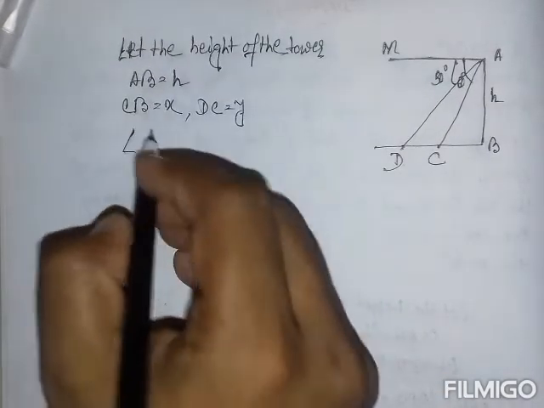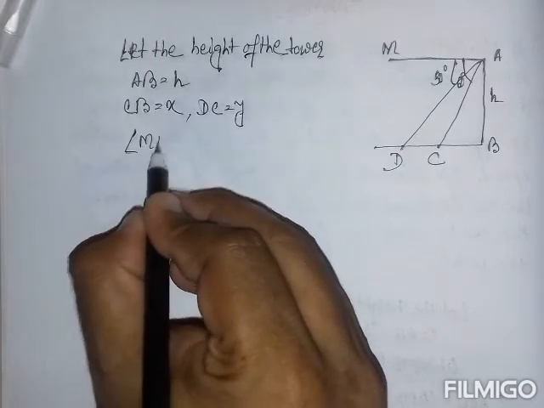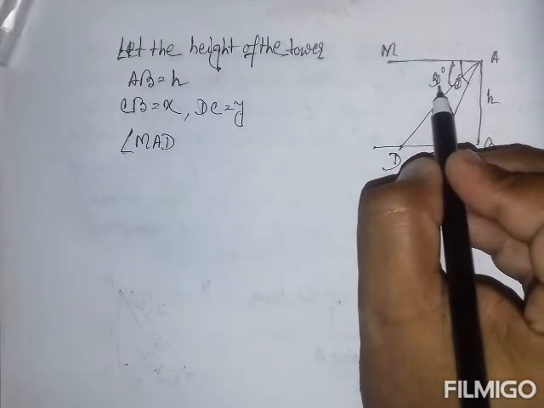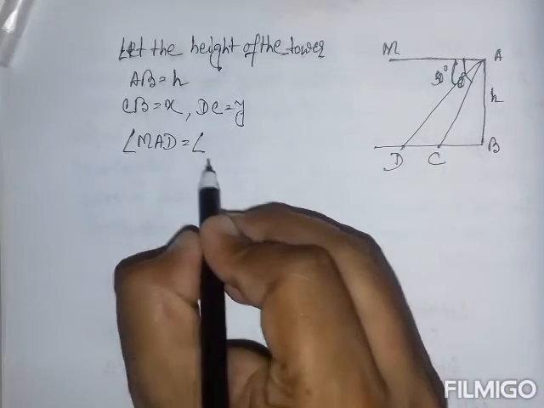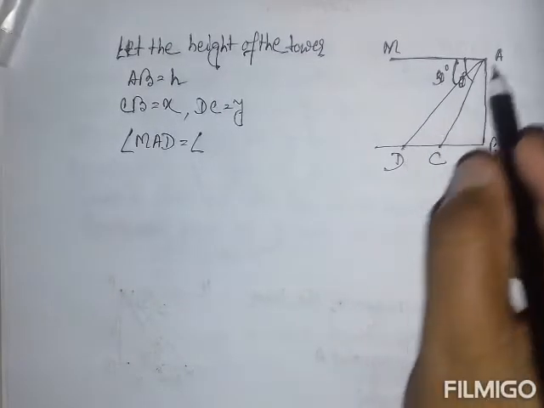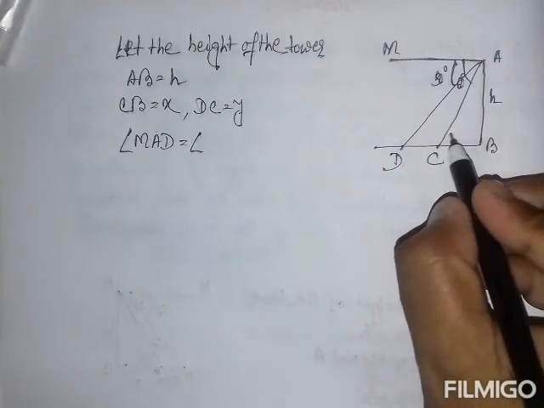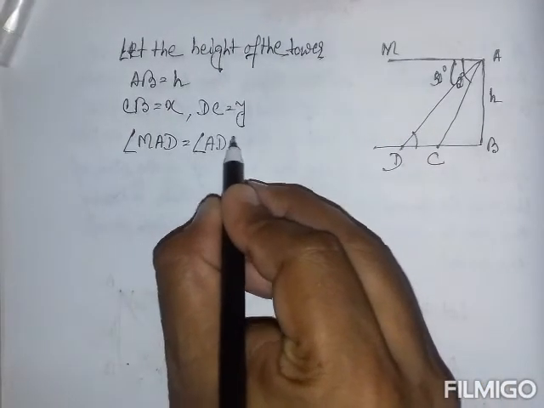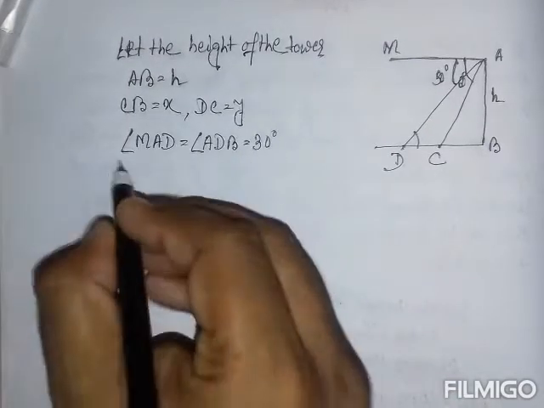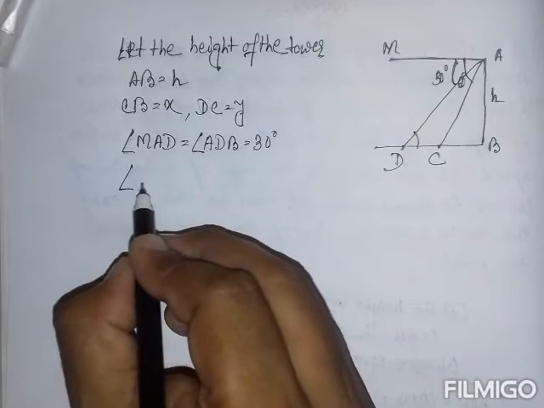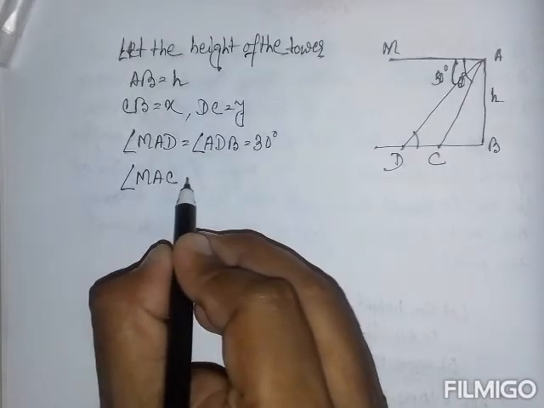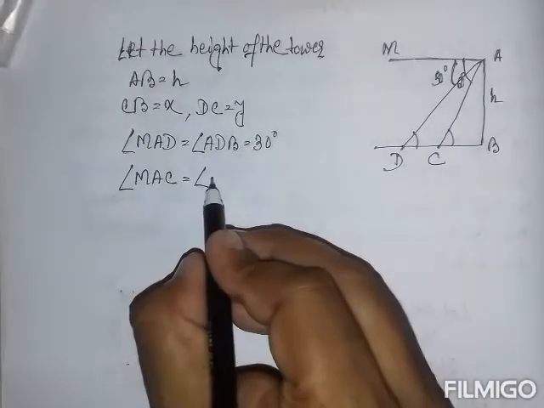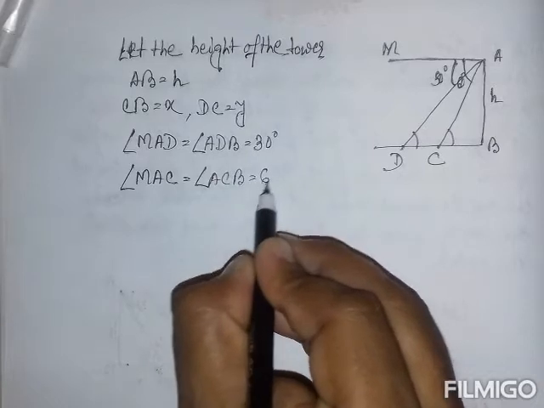Now angle of depression MAD is equal to angle of elevation ADB, which is equal to 30 degree, and angle of depression MAC is equal to angle of elevation ACB, which is equal to 60 degree.